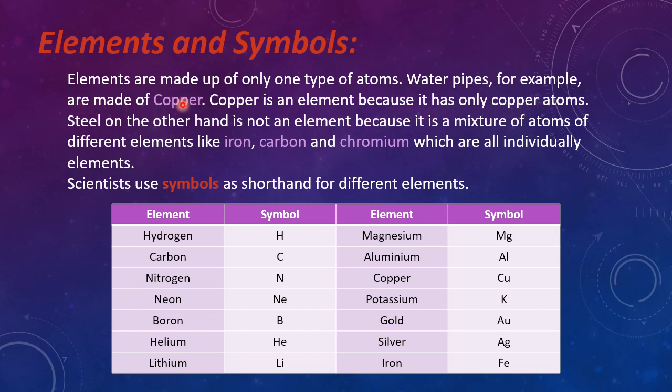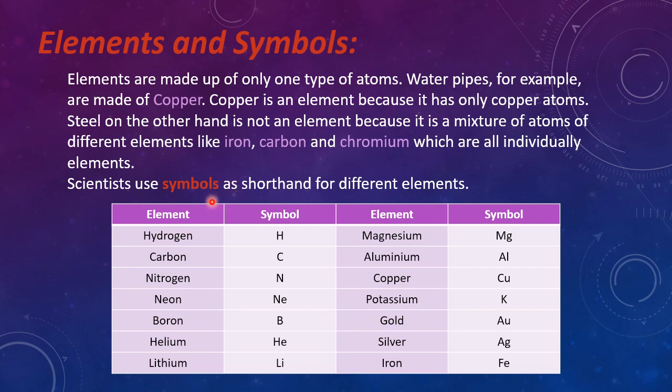The copper symbol is Cu, capital C, small u. Steel, on the other hand, is not an element. It's a mixture of atoms like iron, carbon, and chromium. But here we are studying elements and their symbols.